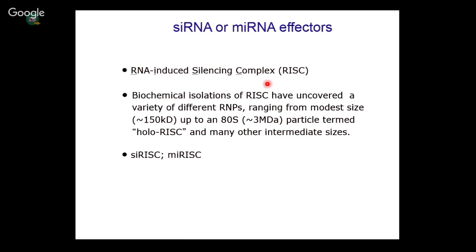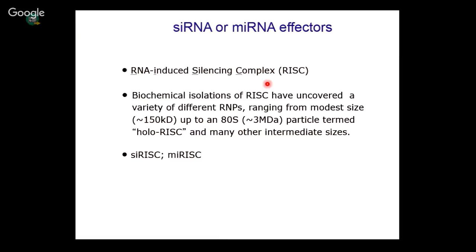Sometimes it could be a modest size, about 150 kilodaltons, and even a huge particle of about 3 megadaltons, which also contains the RISC, meaning that it could also have other intermediate sizes.